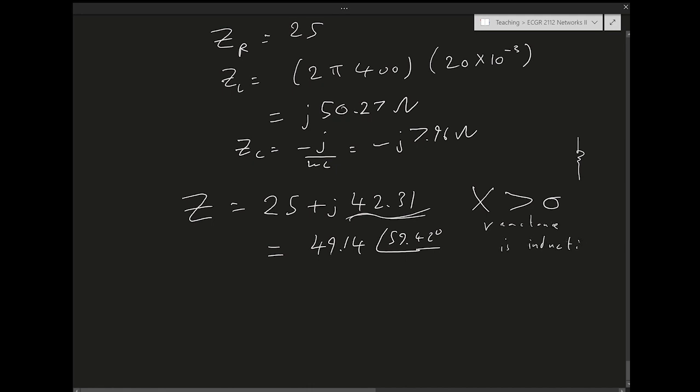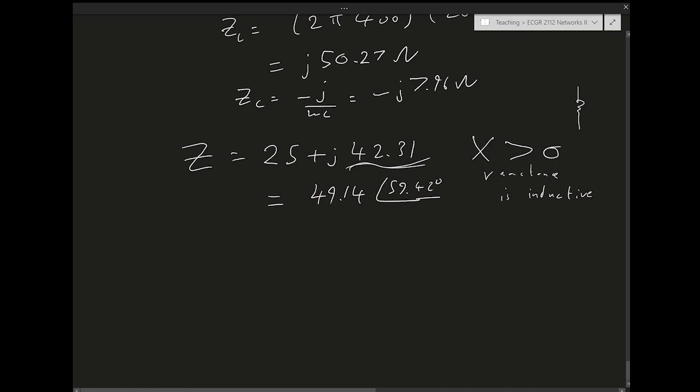So here we've shown that depending on frequency, the reactance is going to either be capacitive, meaning X is less than 0, or if we change the frequency, the reactance might turn from capacitive to inductive, meaning X is larger than 0.